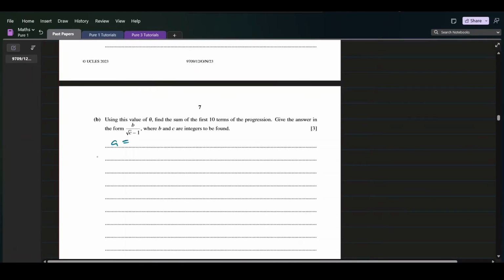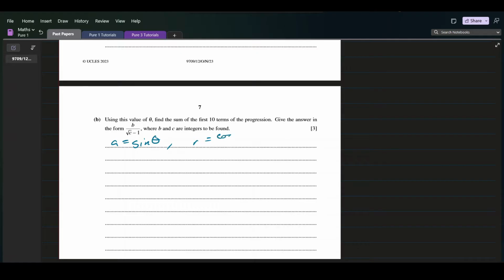So a is sine theta, and we have r is equal to cos theta over sine theta. And we're given that theta, which we evaluated in part A, is 1/6 pi. So that means A is equal to sine 1/6 pi. Punch that into your calculator, sine 1/6 pi gives us half.